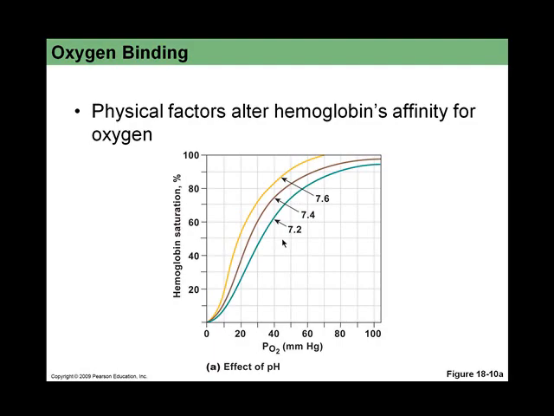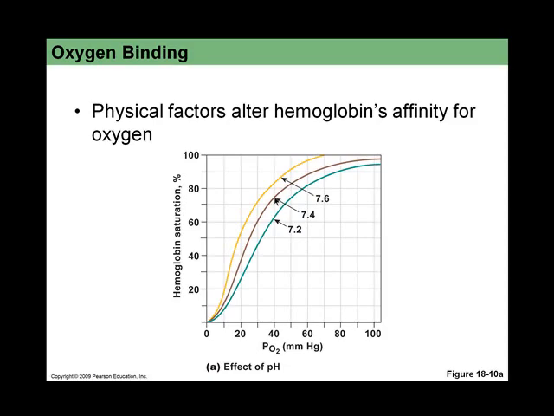So remember, carbon dioxide is very closely associated with pH. So high carbon dioxide levels will make something more acidic. So here's normal. If something causes it to become slightly basic, then the oxygen will stick to the hemoglobin.